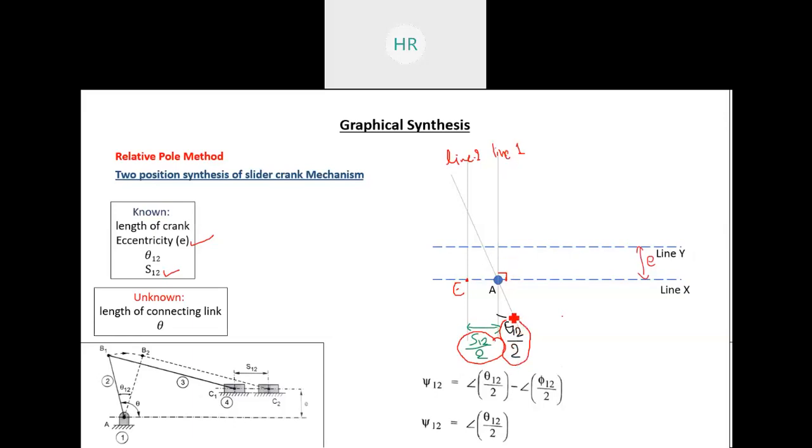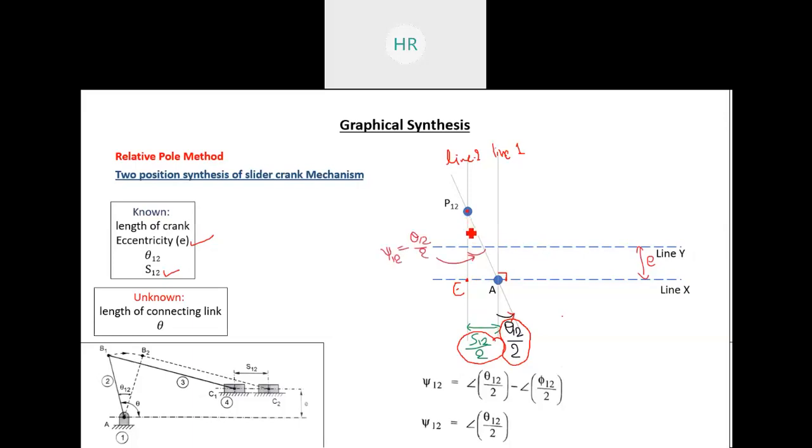So we have marked in this direction. Now you can see this line at an angle theta 12 by 2 is actually intersecting the line passing from E at some point. So this point is actually pole point P12. So we have located the pole point.